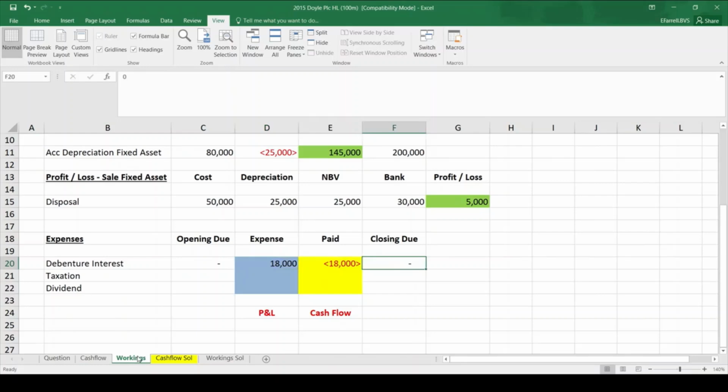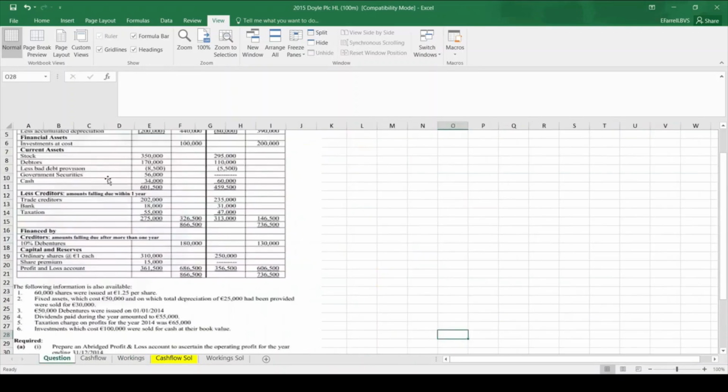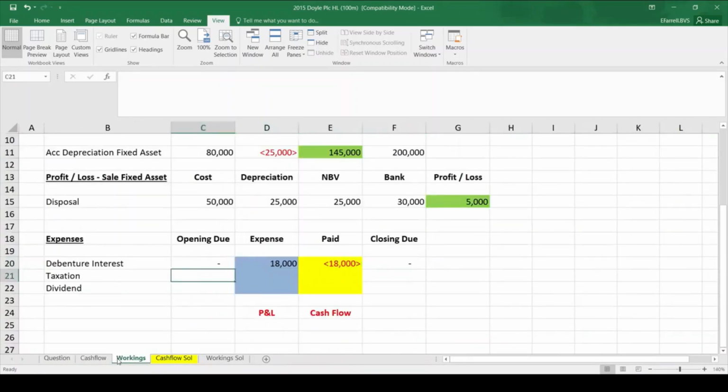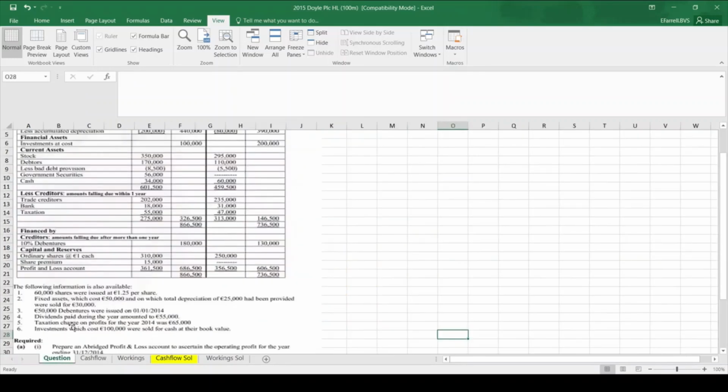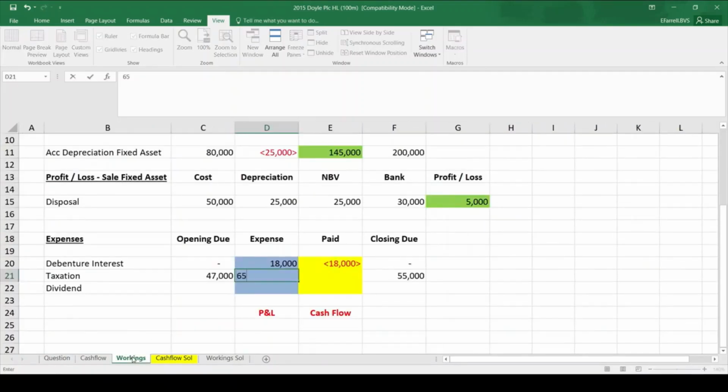With taxation, we can see that the opening balance was 47 in the liabilities and the closing balance was 55. So opening due 47, closing 55. The taxation expense, it tells us in the question, the tax charge for the year was 65,000. So that's going to be my expense, 65,000.